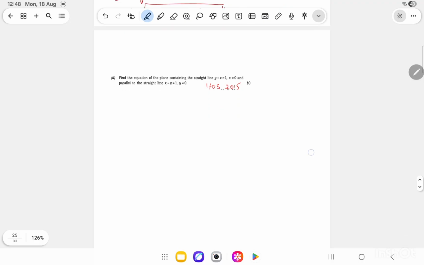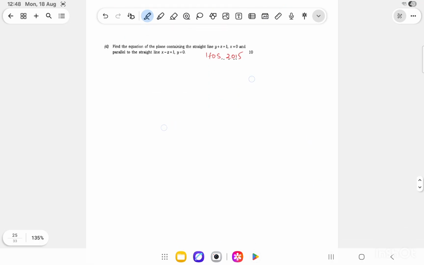Let us move on to the next question. In the next question they asked us to find the equation of the plane containing this straight line and parallel to this straight line. We have a direct formula for calculating the equation of a plane which is passing through a particular line and parallel to another line. We have seen that formula in previous questions as well.